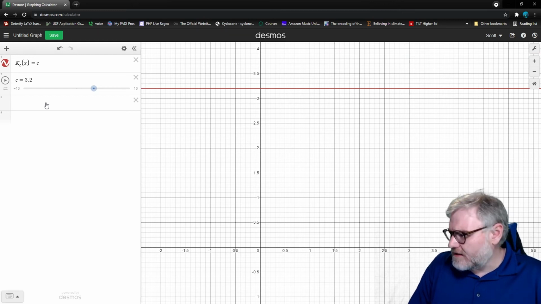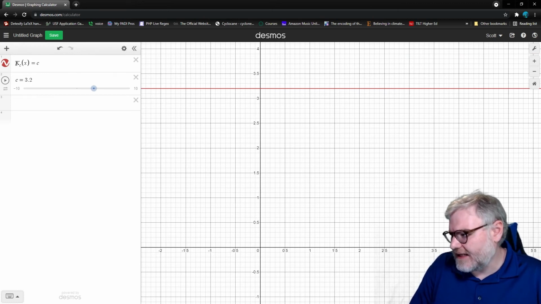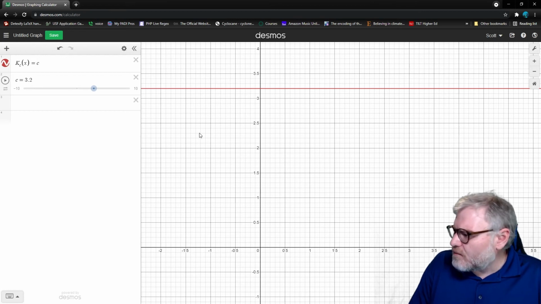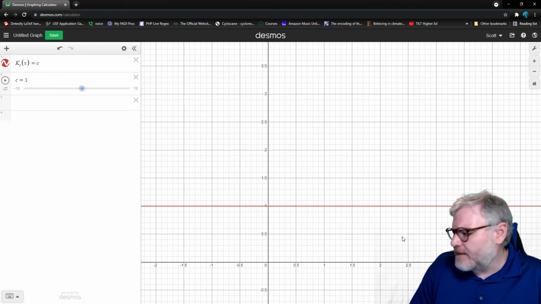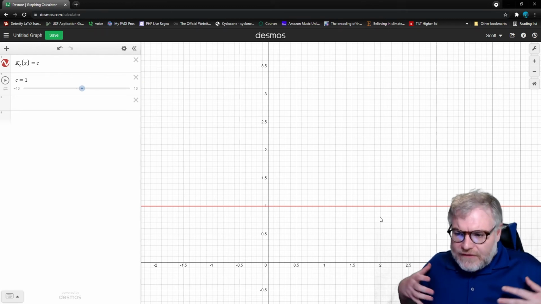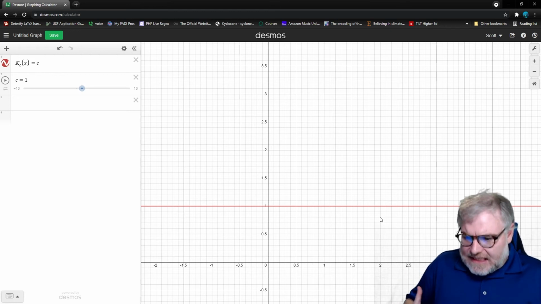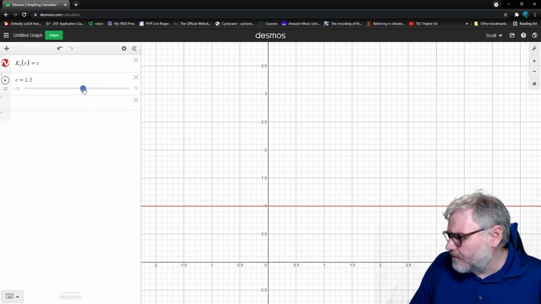Now, I had to use K here instead of constant C of x, but pretend this says CONS like I did on this. This KC of x equals C. This is the function. So when I take the derivative of this function, I'm going to wind up with 0, because this is a line, and the derivative of a line is the slope of the line. This particular line has a slope of 0.